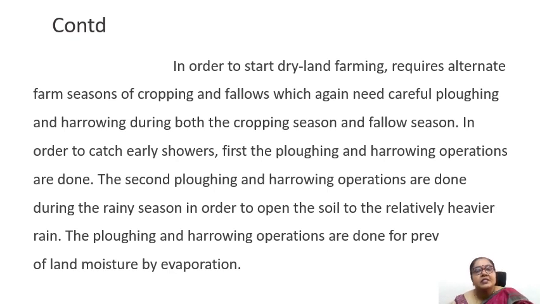To catch the early showers, the first plowing and harrowing operations are done. The second plowing and harrowing operations are done during the rainy season in order to open the soil to the relatively heavier rain, and the plowing and harrowing operations are done for the previous land which was kept open, and the land absorbs the moisture content.